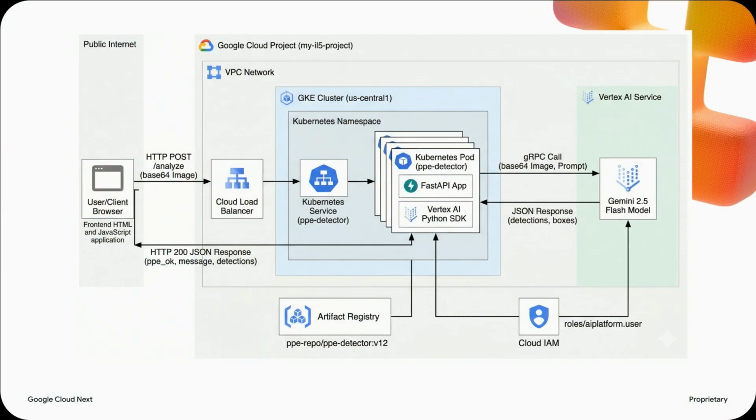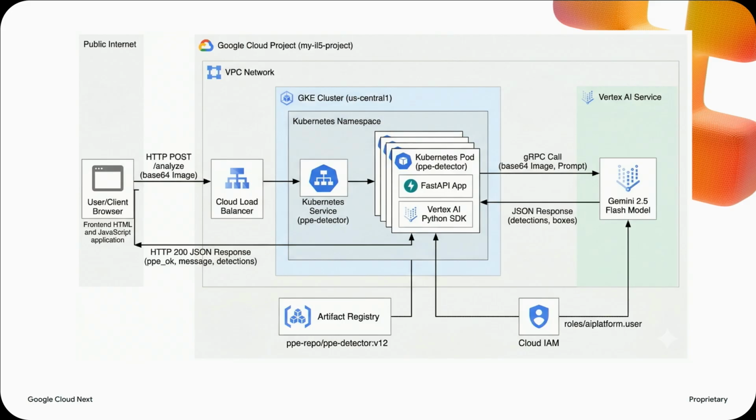This is the overall architecture of the application. It's really very straightforward. What we're going to be doing is taking image data from our client application, passing it into that GKE cluster, doing a little bit of transformation, and sending it off to Gemini via the Vertex service.